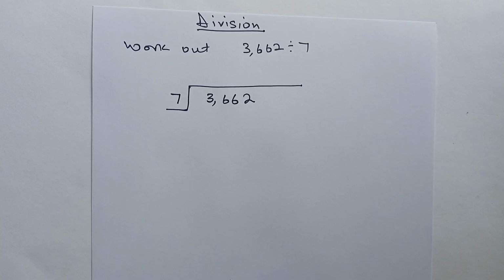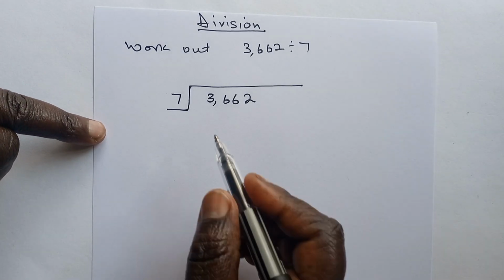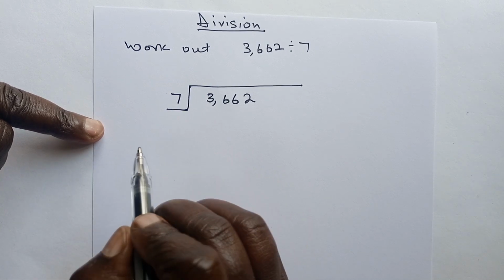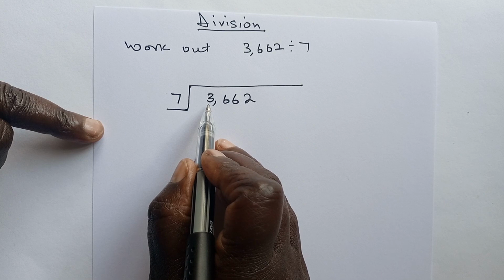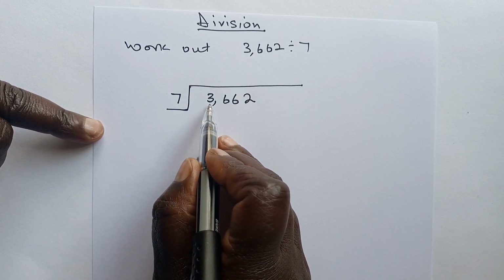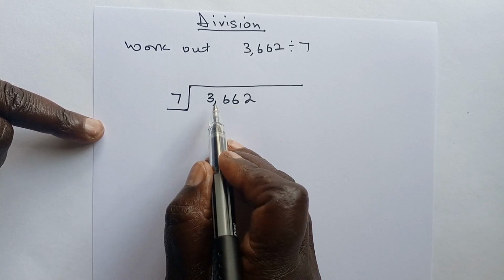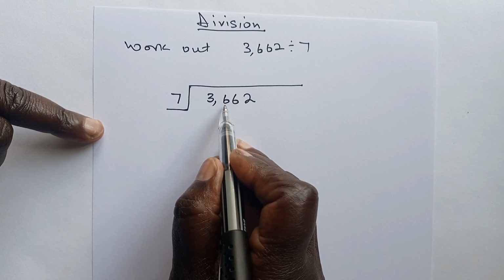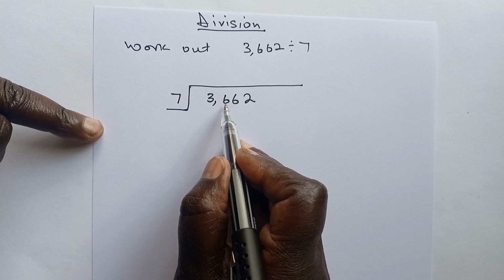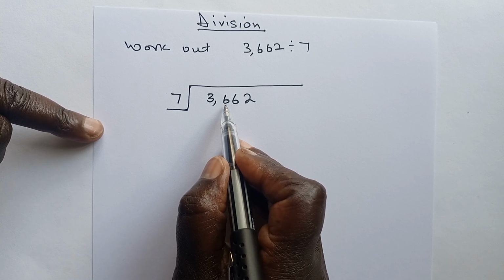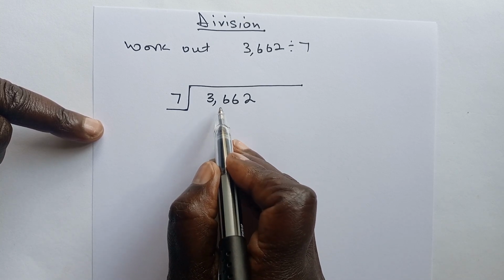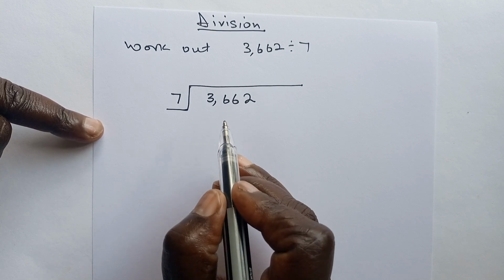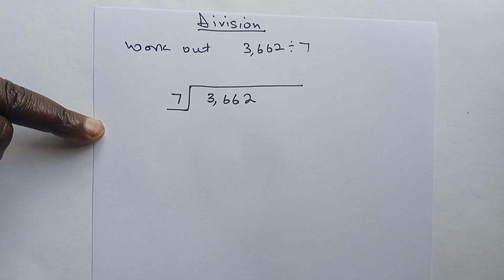Then the procedure: you take the first numbers that can go into 7 several times. When you look, 3 is smaller than 7, so we can pick the first two numbers and find a number that we can multiply to get 36 or close to 36 but less than 36.